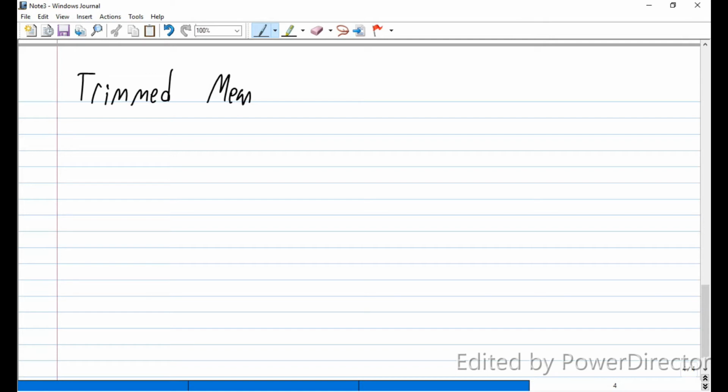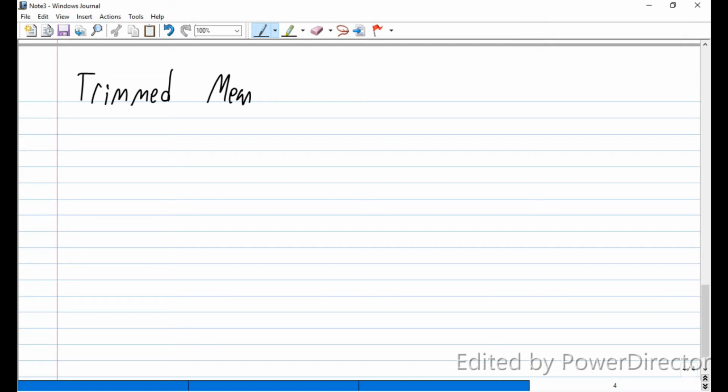So what the trim mean is, it's a way to find a mean that could possibly get rid of outliers. Now, outliers are not always bad, right? If I have a bunch of low test scores and then I have one high test score, then the high test score is the outlier.